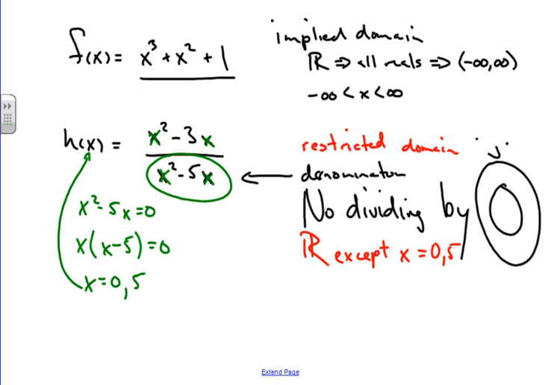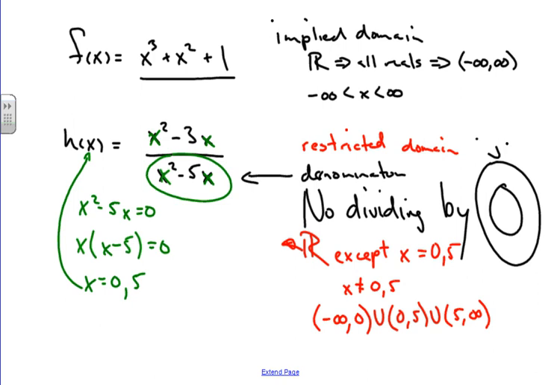Another way you could write this is all values from negative infinity to 0, union 0 to 5, union 5 to infinity. Most of the time, I think the easiest is just to write that x cannot equal 0 and 5, but you see it in all different ways, depending on the books you have.